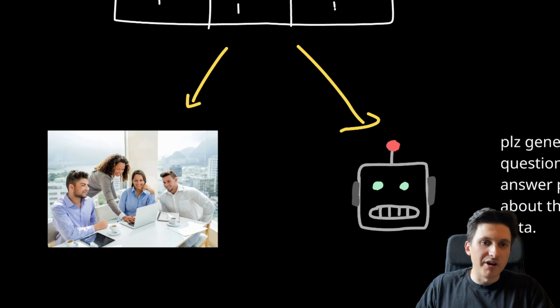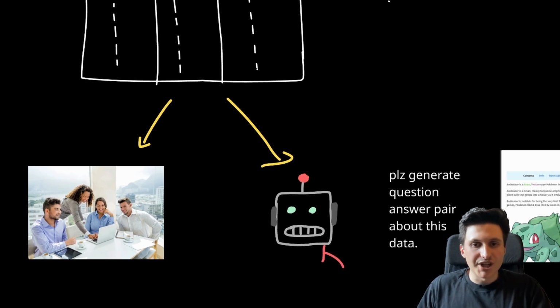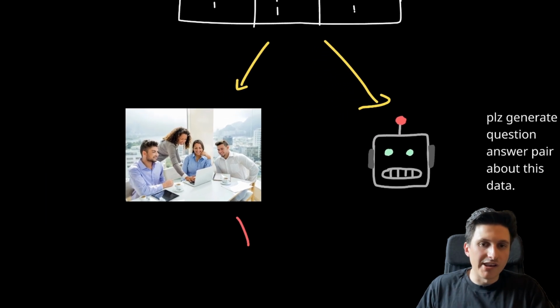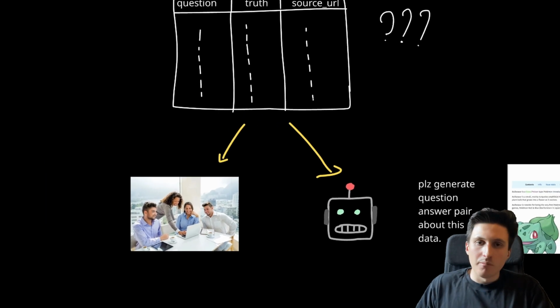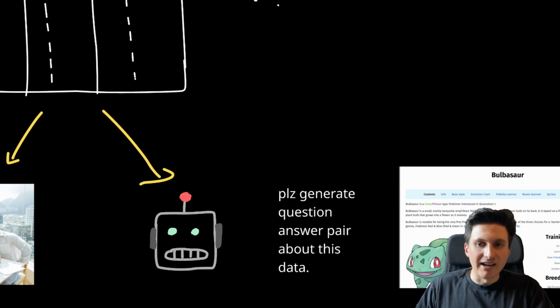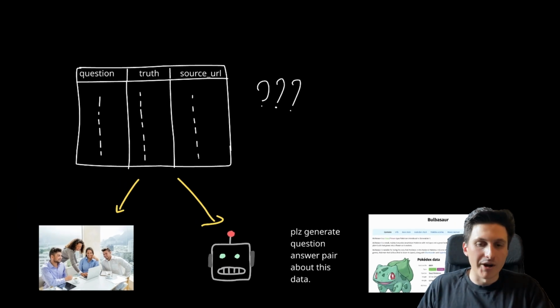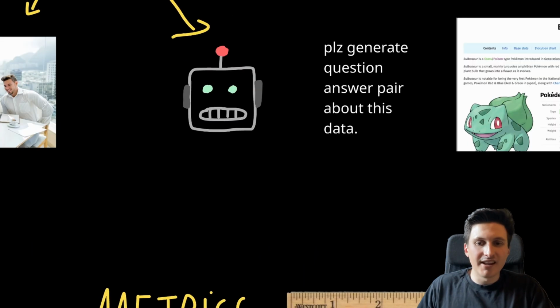You would have some very hard human generated question answer pairs, maybe also some questions generated by the LLM which are then answered by the humans. But yeah, for this video we are just going to employ the LLM tactic and just generate a data set that way.